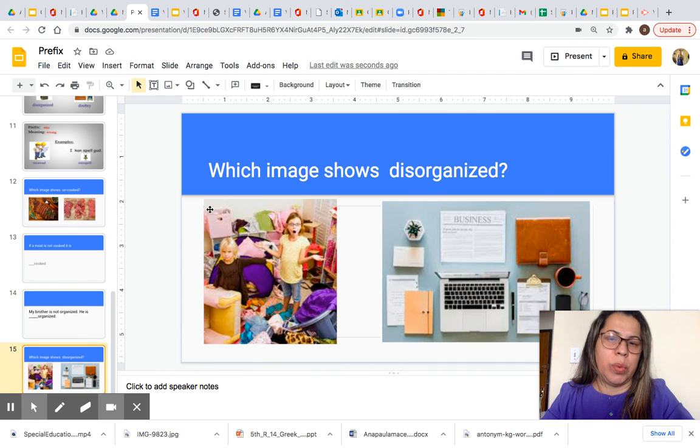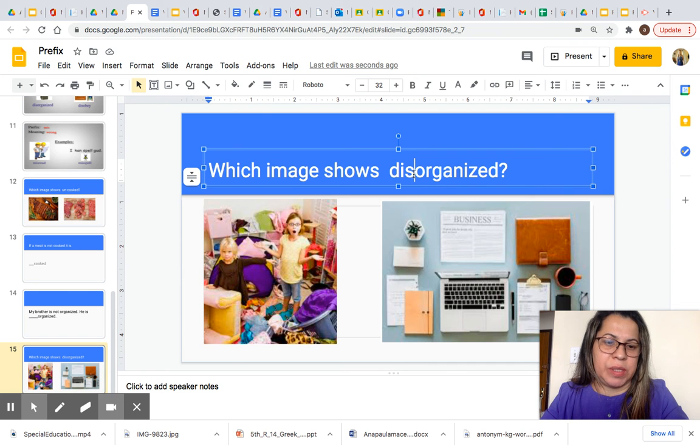Now, which image shows disorganized? I know that the prefix dis means not. So which image shows that someone is not organized? Okay, so I'm going to include the worksheets for you to complete with this video.